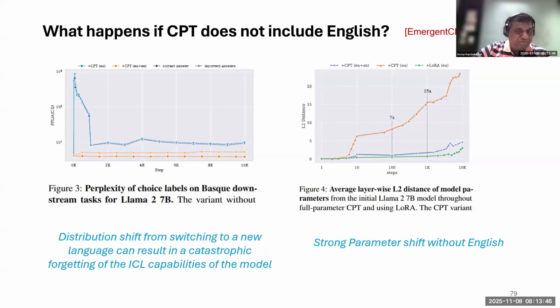When you fine tune only on the new language, the perplexity is much higher, and the models cannot distinguish between correct and incorrect answers. Whereas if you include English in the mix, the perplexities are lower. So this shows what happens: there is an initial period where the distribution shifts rapidly, and that's not a good thing.